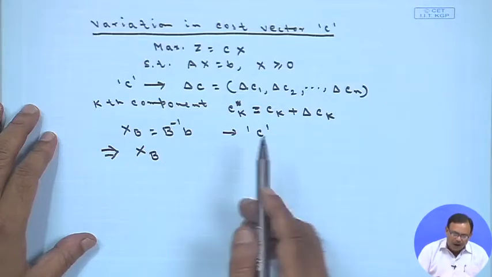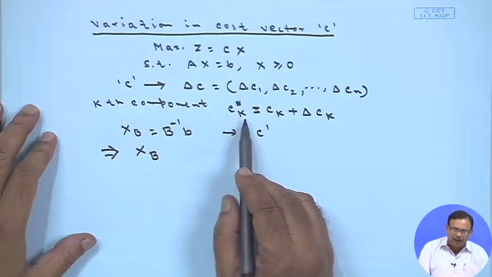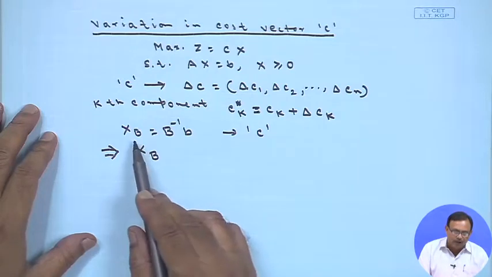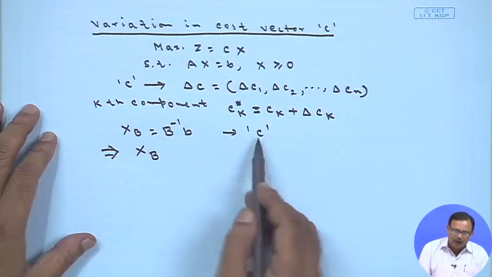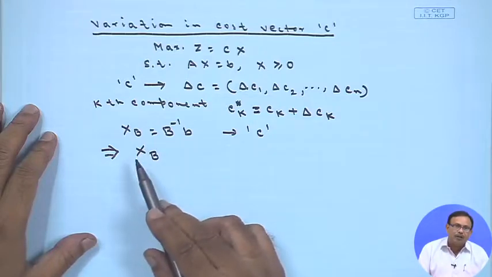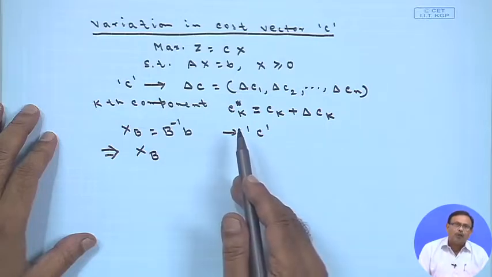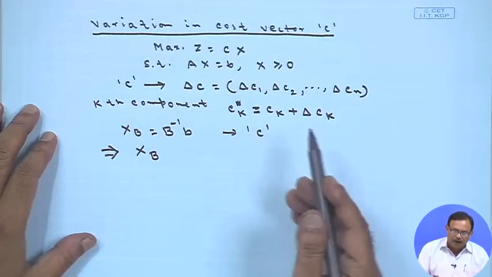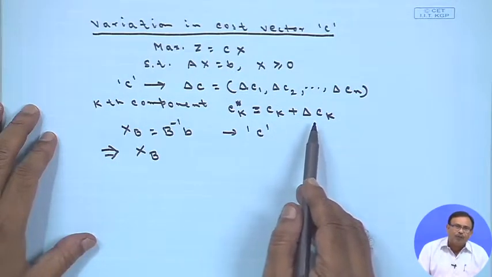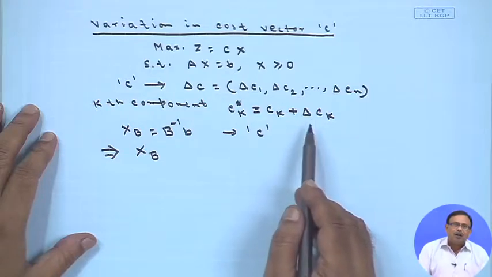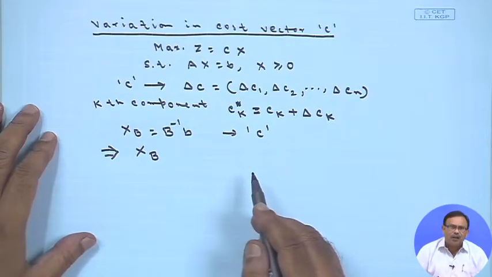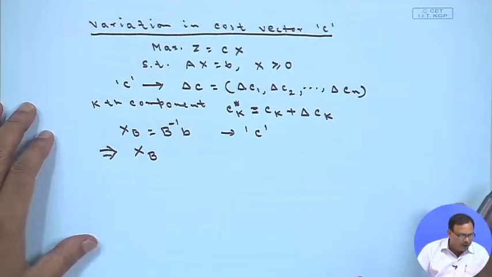I have changed the kth component of the C vector to Ck plus delta Ck, but we know the basic solution is xB equals B inverse b, which is independent of C. Therefore, xB will remain unchanged, that is, the old solution will be the solution after the change from Ck to Ck plus delta Ck. So if I make any variation in the cost vector of the objective function C, the basic solution will also remain unchanged.